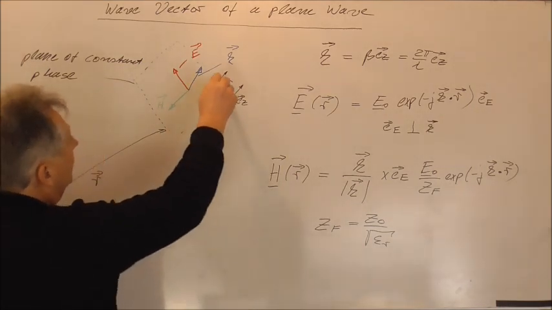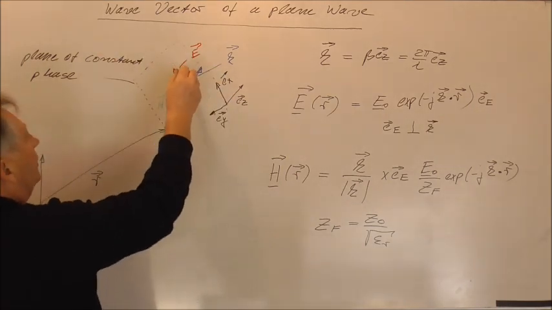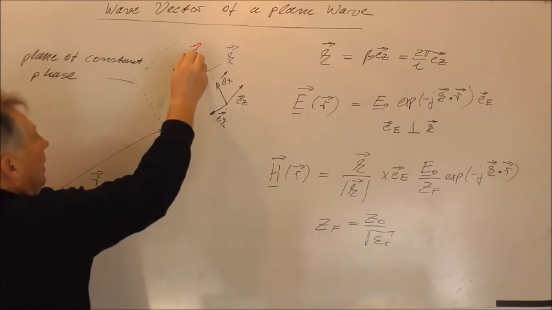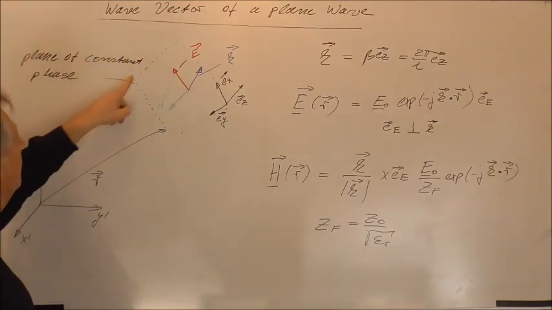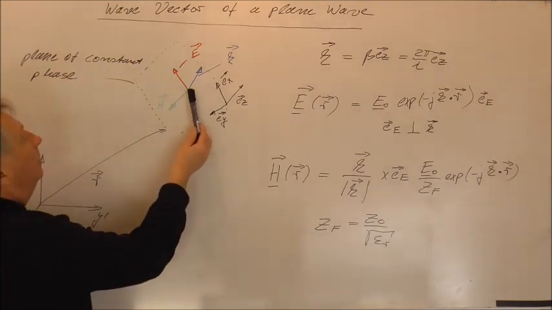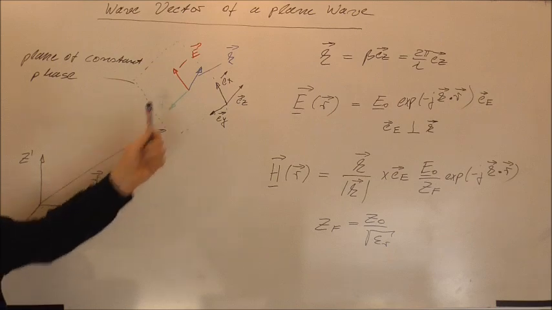If I draw here the x direction and the y direction, then E and H, the electric field and the magnetic field, form a plane of constant phase, and the k vector will be perpendicular to these three vectors.